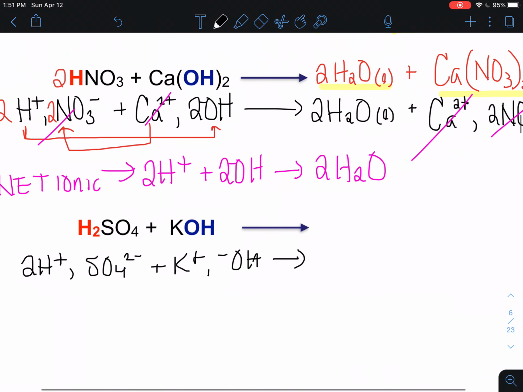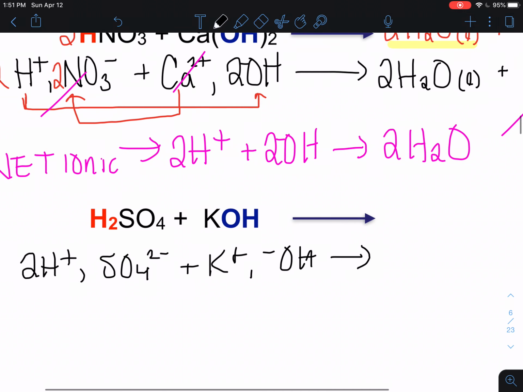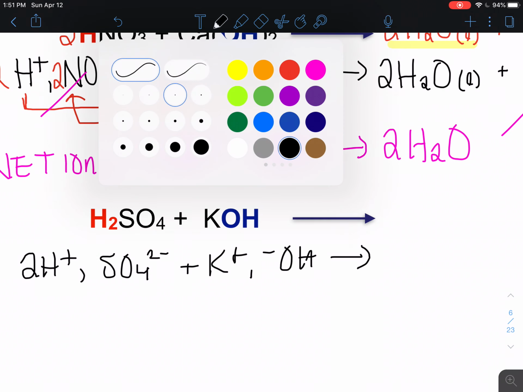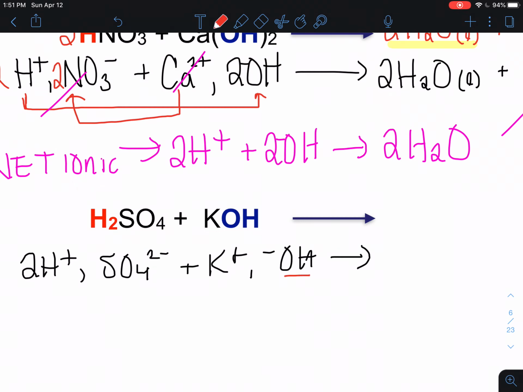All right. So we have, again, 2 hydrogens here, and then we only have 1 hydroxide anion right here. So I'm going to have to put it, I'm going to do this too.